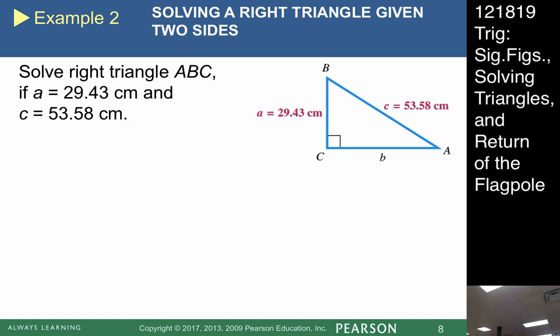What is it? 0.5492 and a couple other numbers. 5492721. Awesome. Yeah, we'll round after we're done with everything.